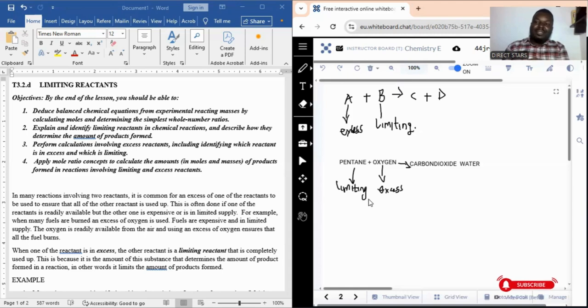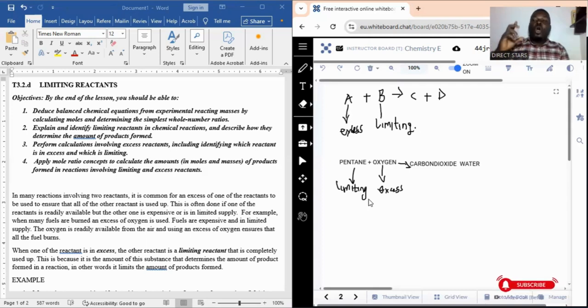So the gas is, in this case, the limiting reagent or reactant, and the oxygen is the excess reactant in that reaction. So fuels, like I said, are expensive and are also in limited supply. The oxygen is readily available from air, so the oxygen should be in excess to ensure the fuel is burned completely.